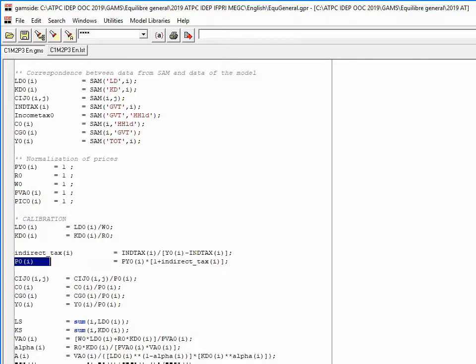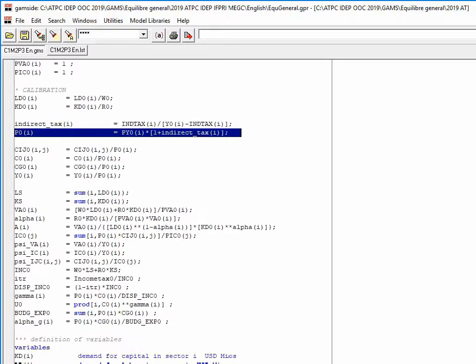And you understand that if I normalize production price to 1, I cannot normalize consumer price to 1. I have to give a value which is consistent with the equations of the model relating production price and consumption price. So it's very important to do this, because otherwise macroeconomic relations will no longer be balanced.